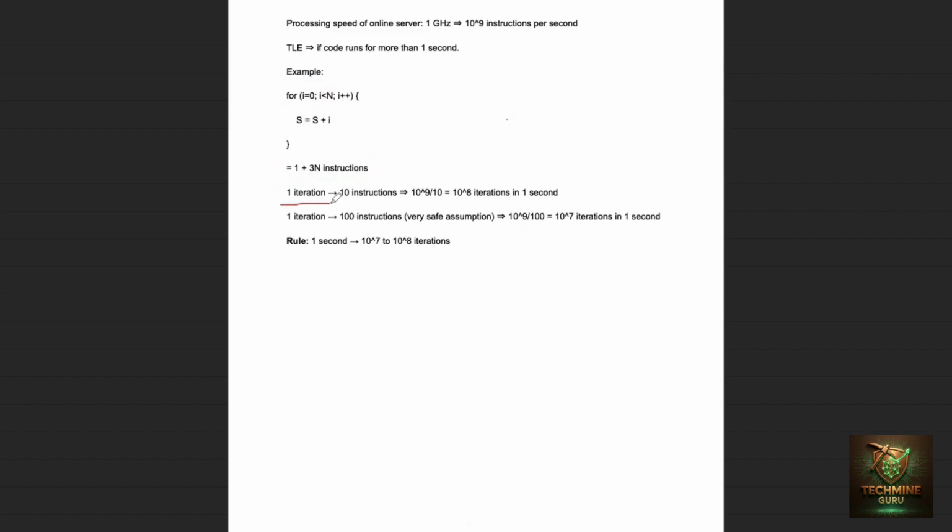So if one iteration is taking 10 instructions, then 10 to the power 9 instructions will take around 10 to the power 8 iterations, which will be in 1 second. Suppose one iteration is 100 instructions, then 10 to the power 9 divided by 100, which means 10 to the power 7 iterations are possible in 1 second.